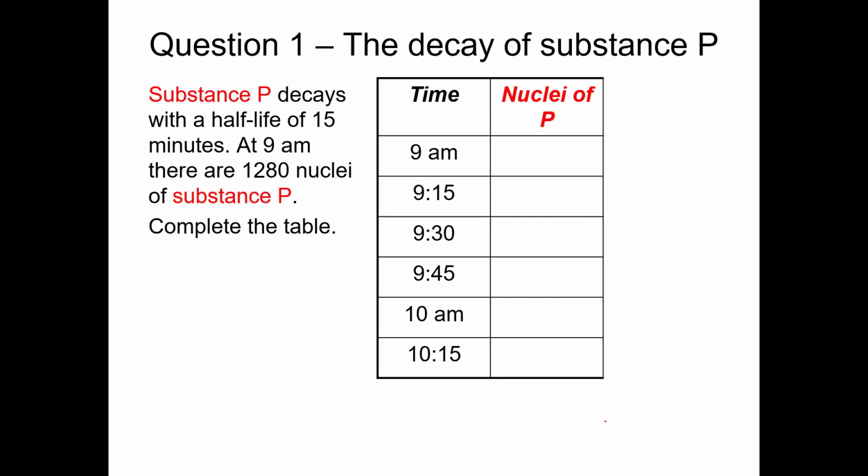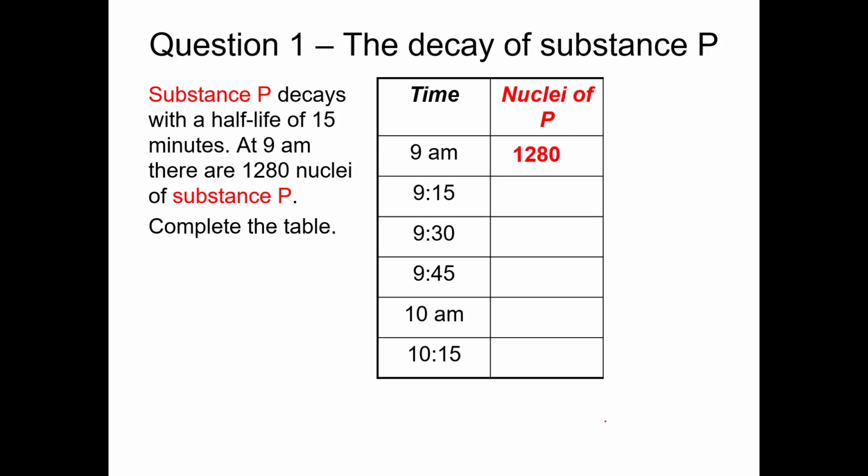Another example is for the substance P. The question says that P decays with a half-life of 15 minutes and the original amount at 9 a.m. is 1280. Complete the table below. So after every 15 minutes, it reduces by half.